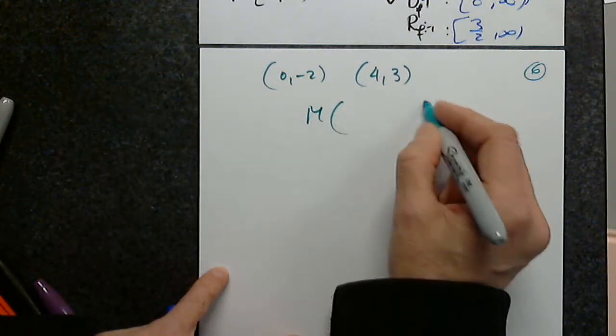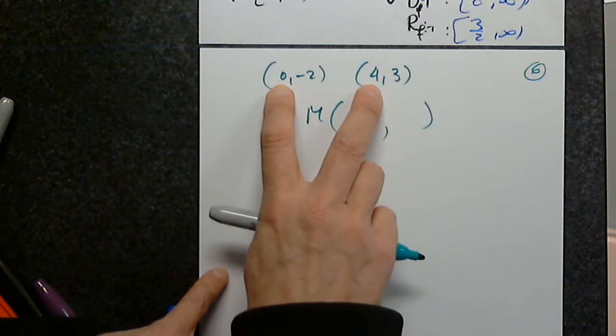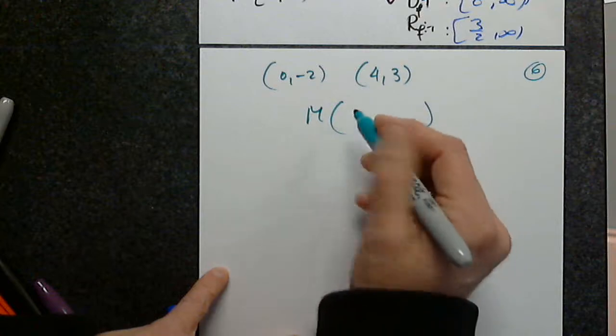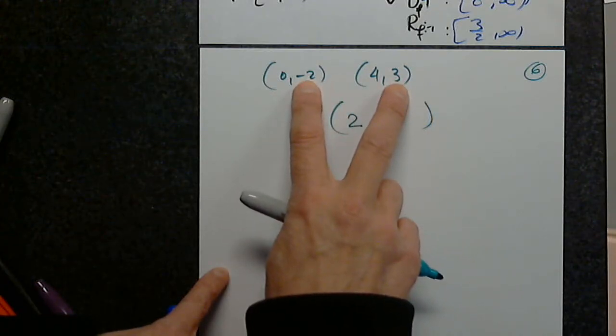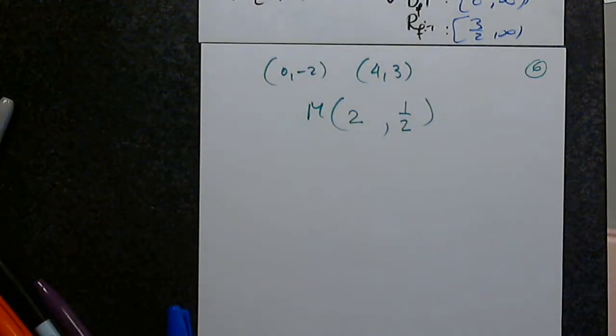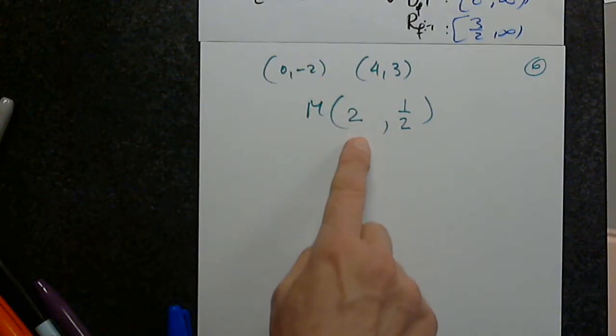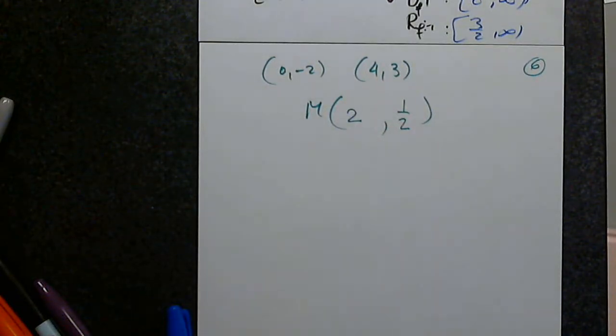The midpoint is the sum of the x's divided by 2, and the sum of the y's divided by 2. So the midpoint is (x1 plus x2, everything divided by 2, comma, y1 plus y2 divided by 2).